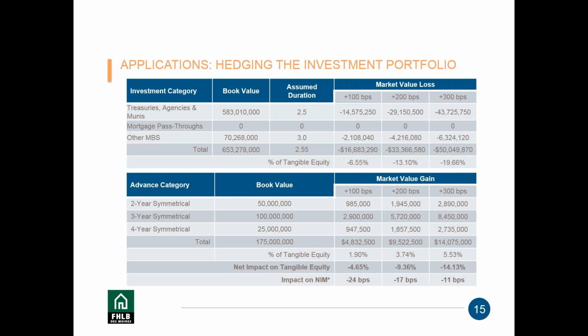While we're incrementally paying 11 basis points in net interest margin impact, we are recouping about 25% of the hit that we would otherwise take to tangible equity. Do you see that on the chart there? You've got the market value loss down to 14% instead of 19.66%.